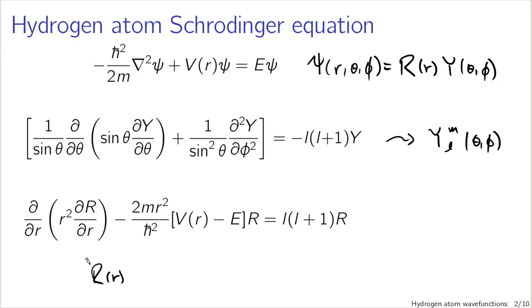For our capital R of r function, we had to make some changes of variables, but what we got in the end was R sub nl as a function of r. As a change of variables, we ended up with a 1 over r, simplifying things to write things with this 1 over r factored out. And then factoring out asymptotic forms, before we did a power series solution, we get r over na raised to the l plus 1 power.